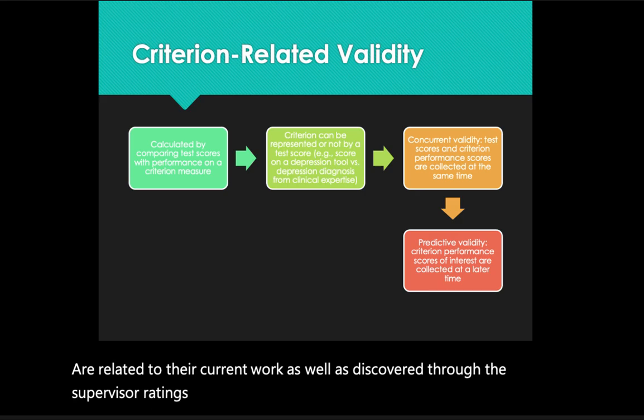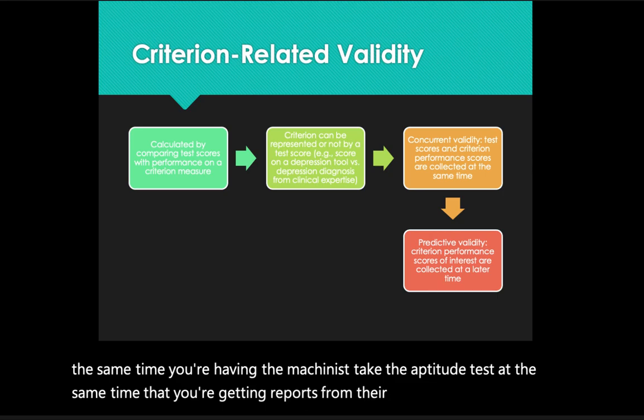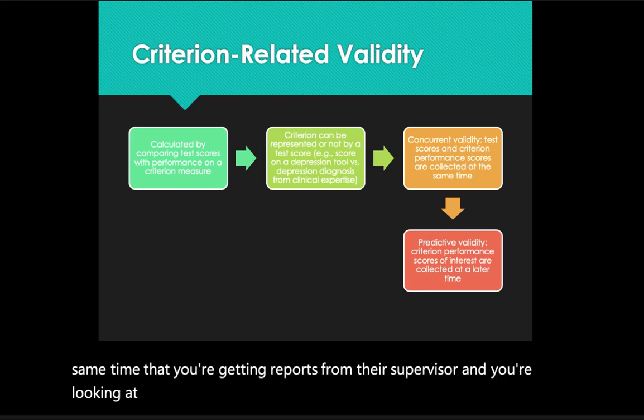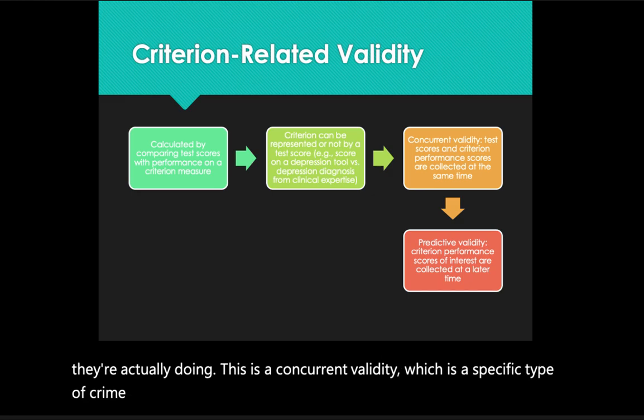So it's concurrent because you're measuring them at the same time. You're having the machinists take the aptitude test at the same time that you're getting reports from their supervisor, and you're looking at how well their score on the aptitude test matches what they're actually doing. This is concurrent validity, which is a specific type of criterion-related validity.